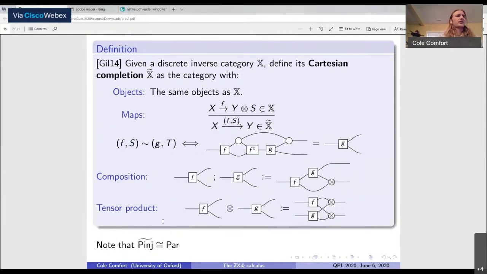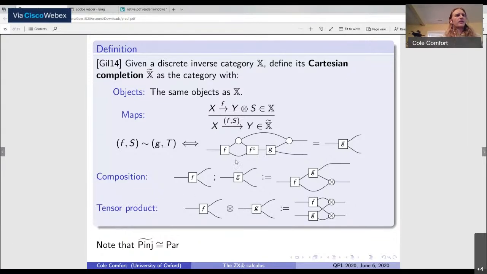This construction, called the Cartesian completion, has the same objects as the underlying discrete inverse category, except the maps are now kind of slices. You add an extra object in the codomain, and then you quotient out by this relation here. The composition and tensor are given in obvious ways, but the way that I like to think about this is that it's kind of like Krauss maps in the CPM construction, and I'll elaborate on that further.